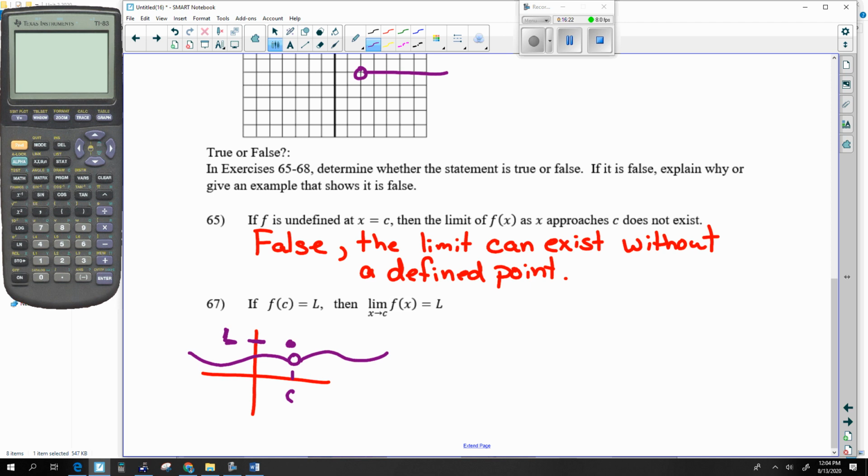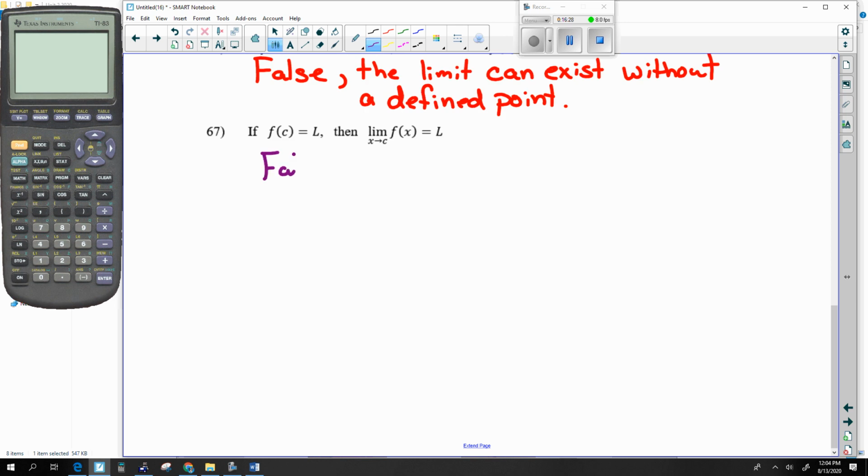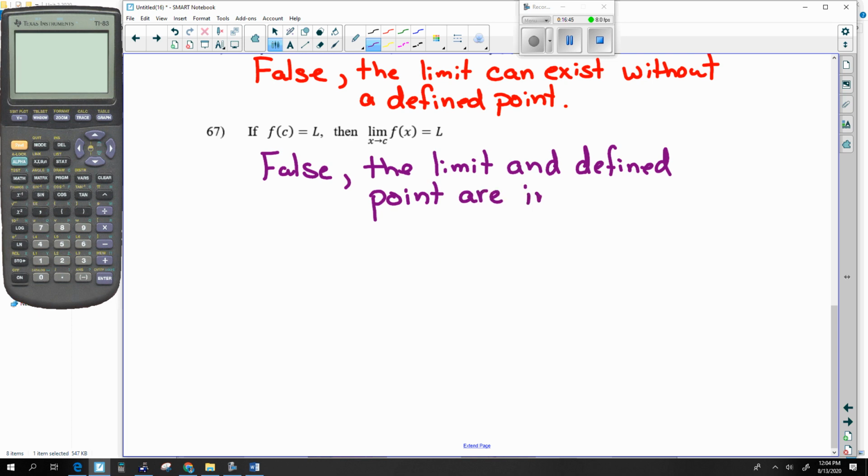That is false. Something like that. They're totally independent. They don't have anything really to do with each other.